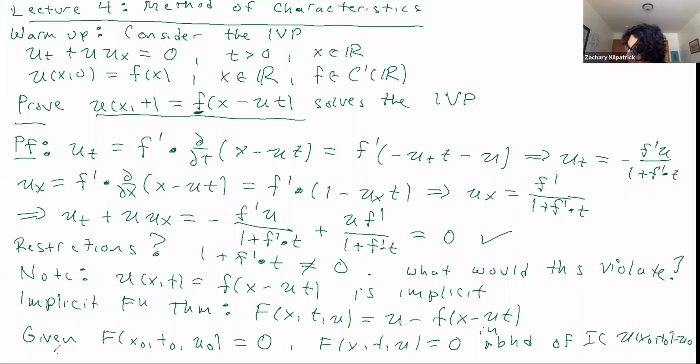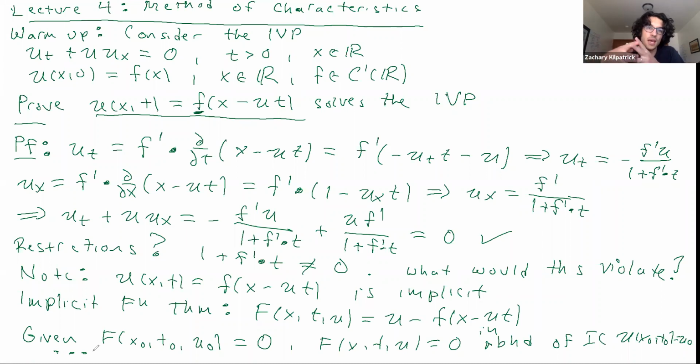So I've run out of space here, so I'm going to have to rewrite this on the next page. But the idea is that we need some condition that says, I have an implicit solution. I can invert that implicit solution to get some explicit function, okay?